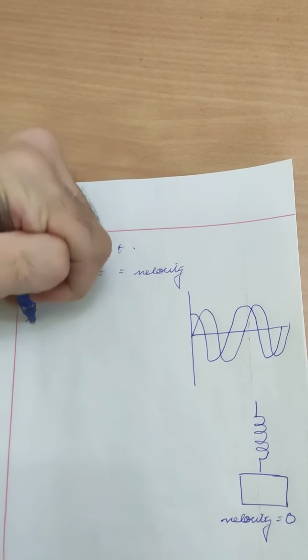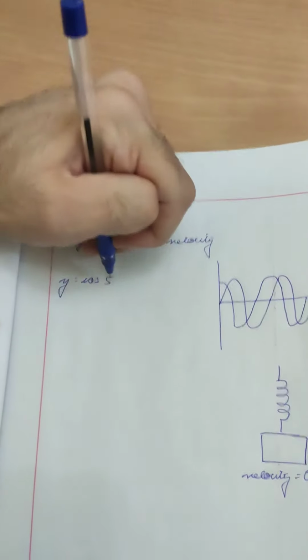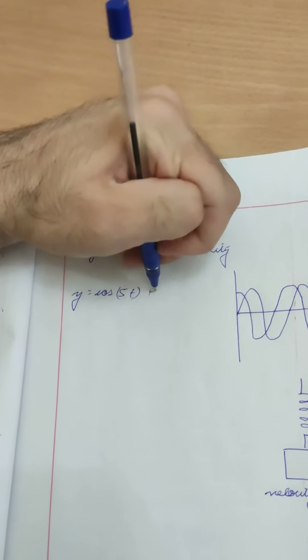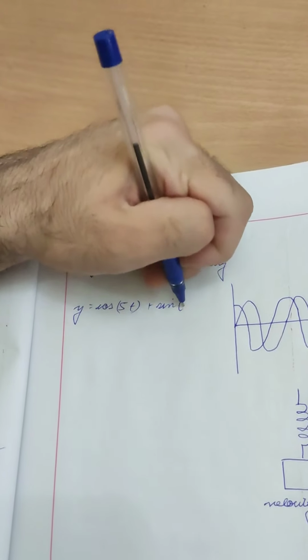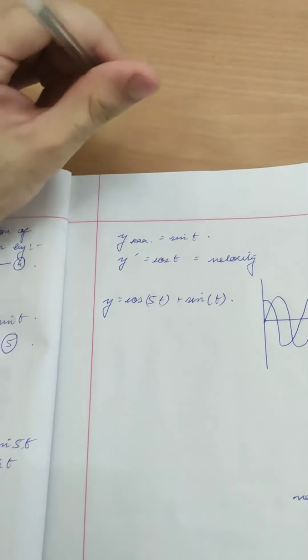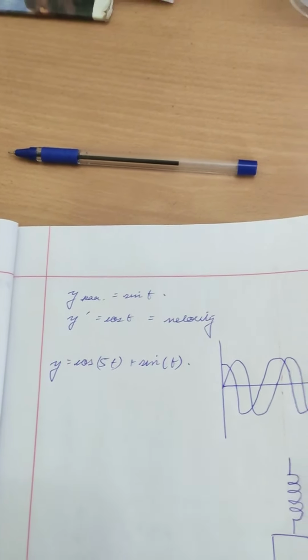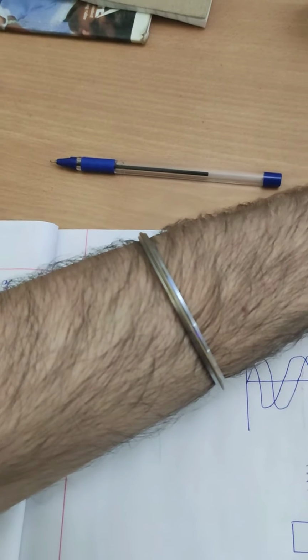Now, our final equation was cos 5t plus sin t. We can see it right here. Right now, plotting the graph for our final equation is slightly difficult by hand. So I used an online graphing software to plot the graph. I'll show you the graph on my PC. So here is the graph. Let me just pull it a little back.